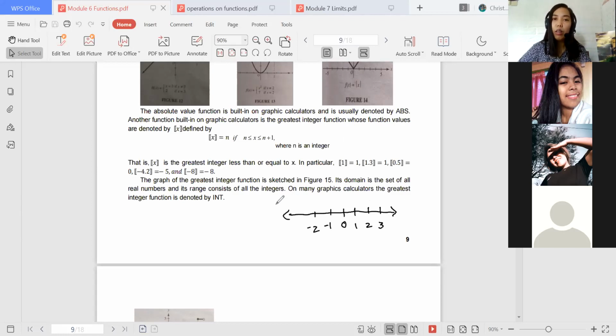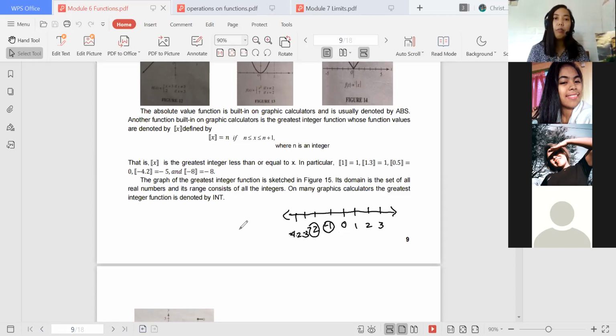Going to the left, the numbers are decreasing. Going to the right, the numbers are increasing. So when we get the greatest integer of negative 4.2, halimbawa, nandito ang negative 4.2. Dapat less than dyan, and the answer is negative 5. Kasi mas malaki ang nasa right na number kesa sa left.